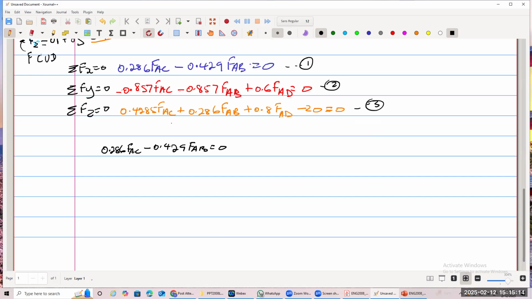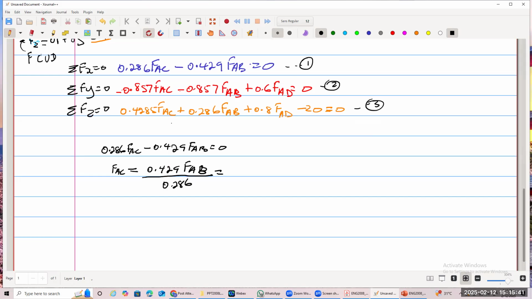All right. So now you do that. We're going to transpose. So we're going to make FAC the subject. In doing so, you're going to take this minus 0.249 to the other side, so it becomes positive 0.429 FAB, and you divide by the coefficient of FAC, which is 0.286.